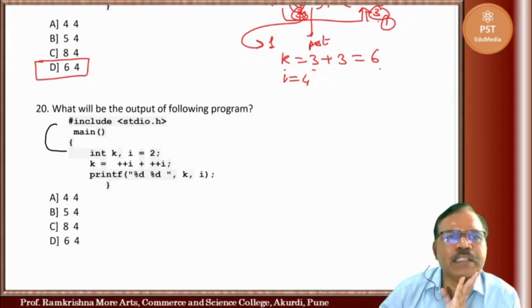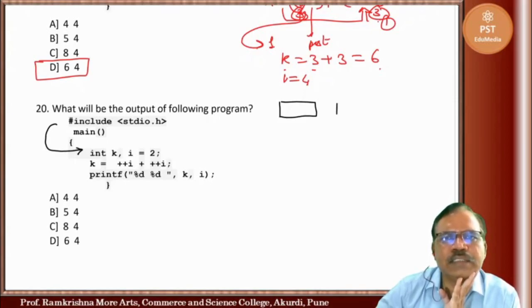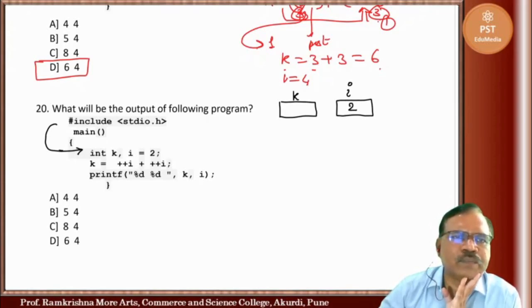So if we run this program and control comes here, it assigns two memory locations, one for k, another for i, and then 2 is stored here, and control comes here.